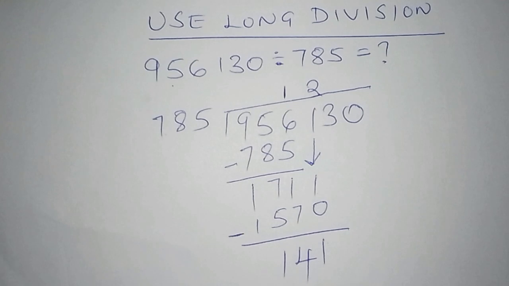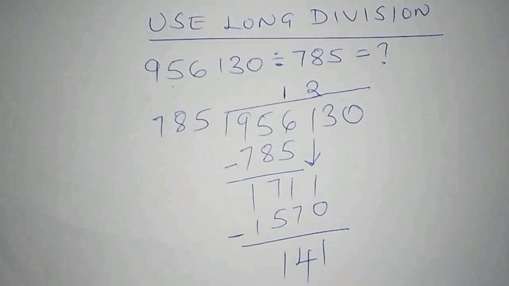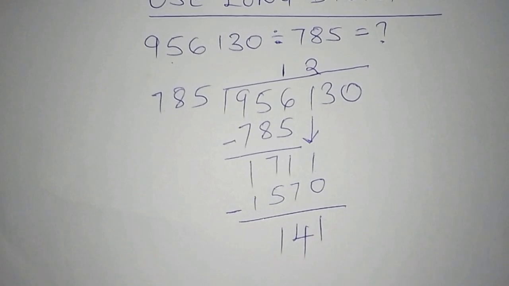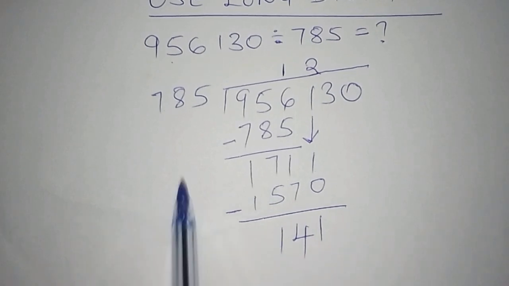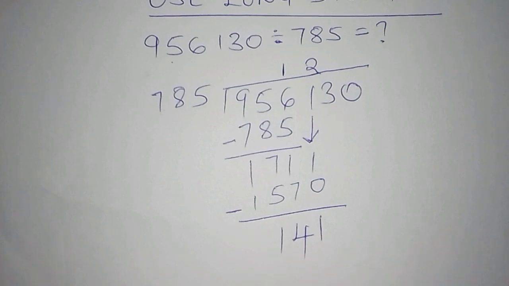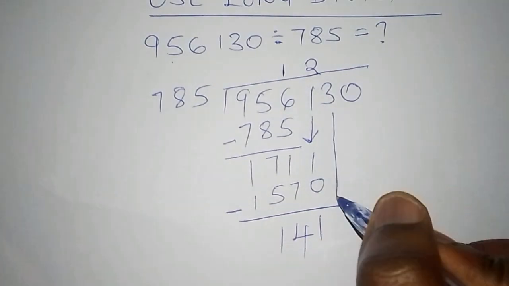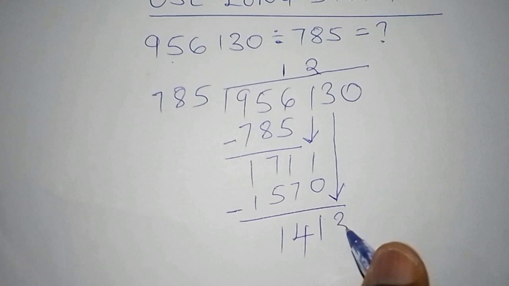After remaining with 141, it is still impossible for us to proceed as usual, because 785 cannot go into 141, simply because 141 is a smaller number. So we are forced to drop down the next number, that is 3. So we drop 3 there.